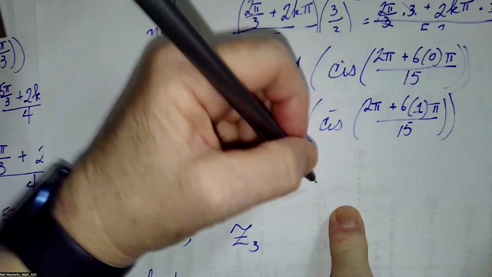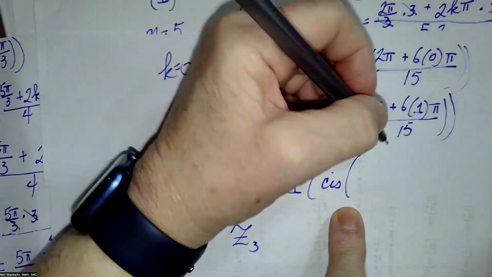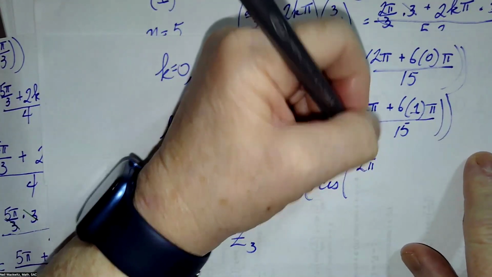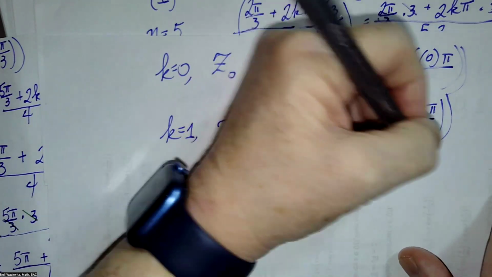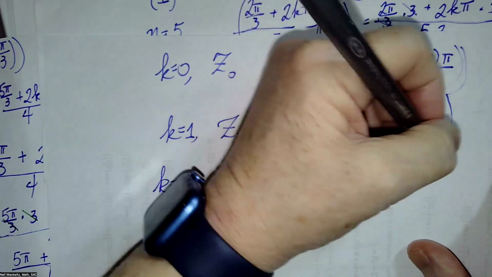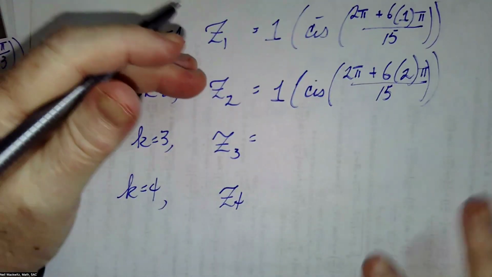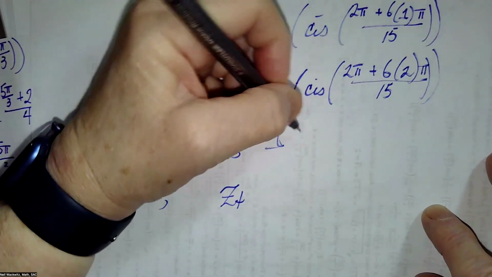K is 2, so we've got 1 times cis 2 pi plus 6 times 2 times pi over 15. And then k equals 3 and k equals 4.